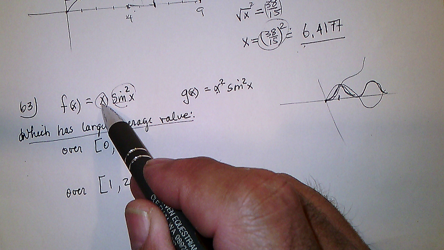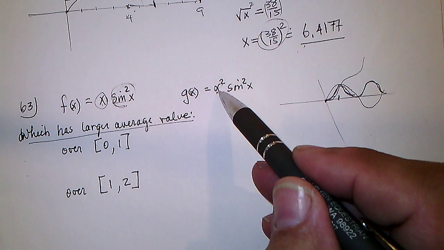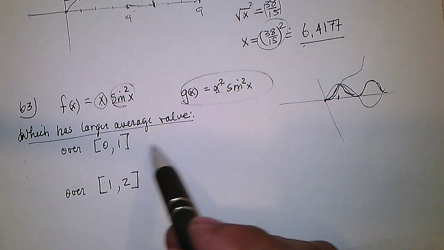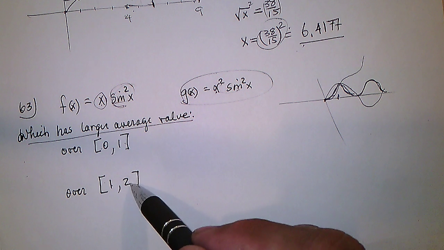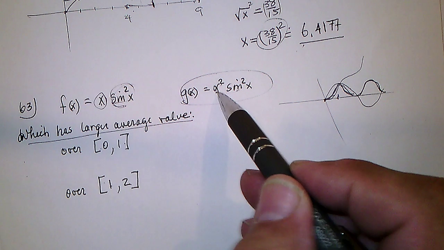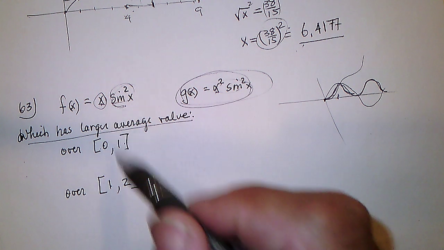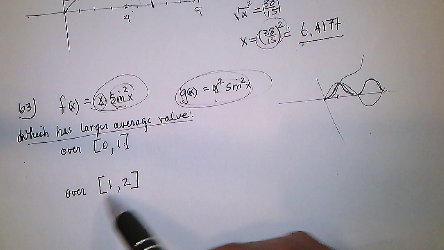So if x was a half here, a half squared is a quarter of this, so this is going to have the smaller value between 0 and 1. And between 1 and 2, this is bigger than this, so this will have more area than that. This will have more here, this will have more here.